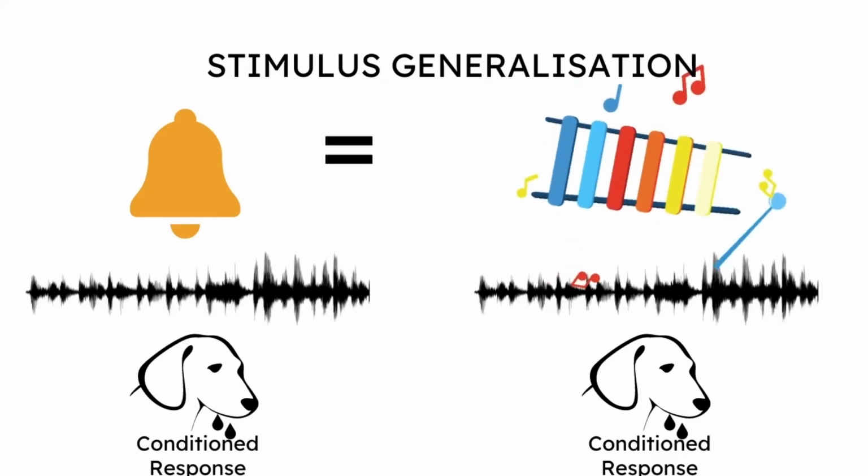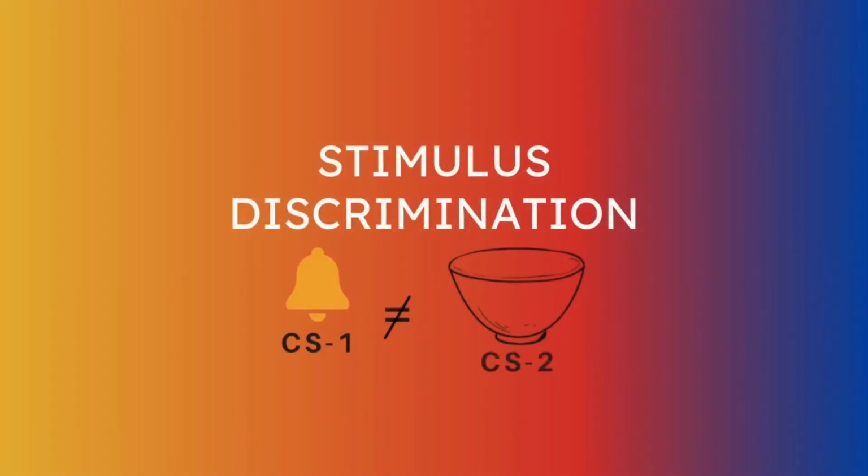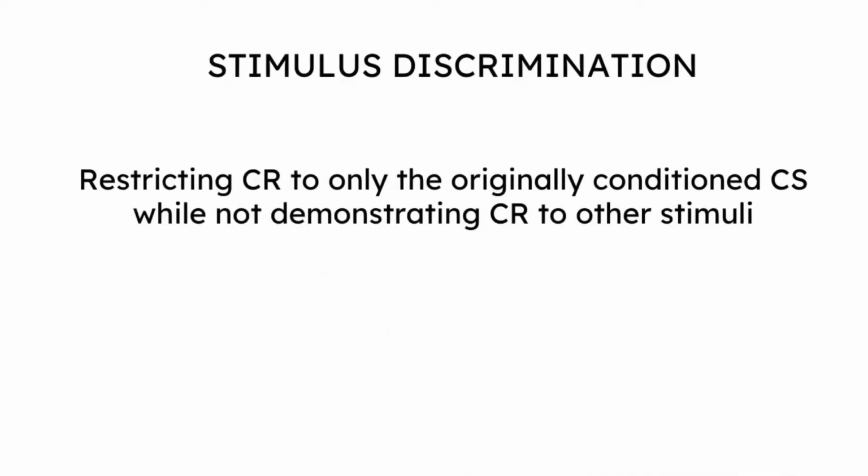Moving on, let's now understand the concept of stimulus discrimination, which is just the opposite of stimulus generalization. Now, under the stimulus discrimination phenomenon, the animal can clearly distinguish the conditioned stimulus from any other stimulus that they have not been conditioned to. This allows them to restrict their conditioned responses to only the conditioned stimulus and not elicit them to any other neutral stimulus.